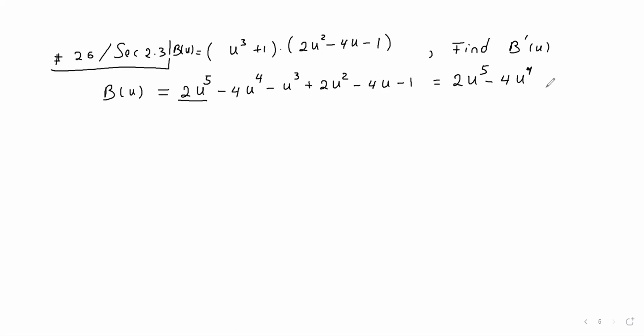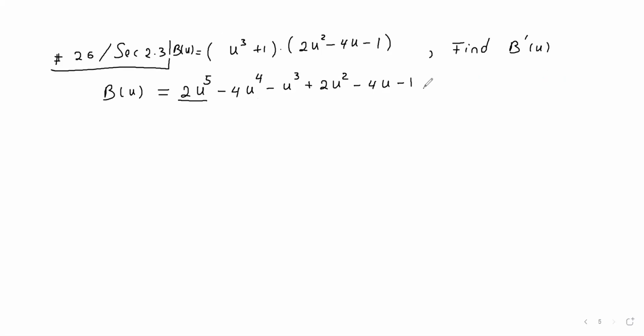Minus u cubed, plus 2u squared. Oh, you know what? There is no overlap over here. Sorry about that. This is unnecessary. There are no like powers here, folks. All powers are different, so I don't have to do any of that.